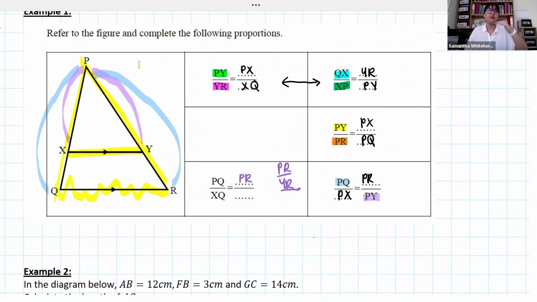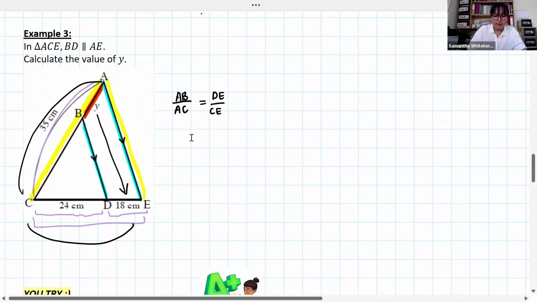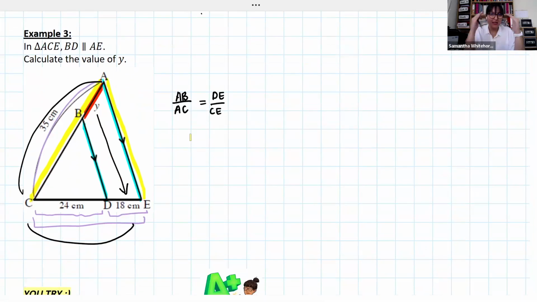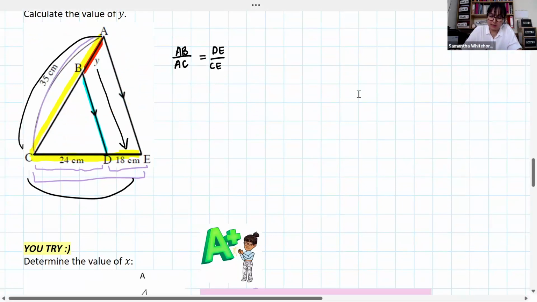It doesn't actually feature in any of my ratios because it's not being cut in proportion by my parallel line. And so here, because AE is not being cut in proportion, we're not going to use it to set up any of our proportions. It is actually only AC and CE that are being cut by the parallel lines and so being cut up in proportion. Does that make sense?